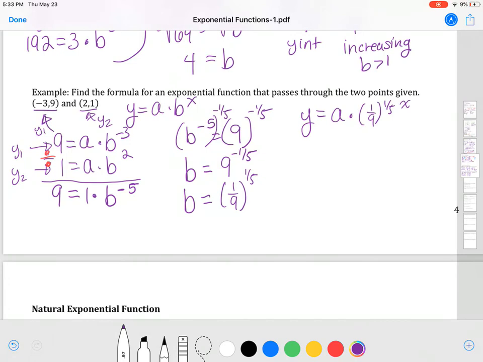So now I have to find a. I'm going to plug in a point again for x and y so I can solve for a. So I'm going to plug in the 2 and the 1. You can pick the negative 3 and the 9 if you want. You should still get the same answer. So I'm going to plug in 1 for y, and I'm going to plug in 2 for x.